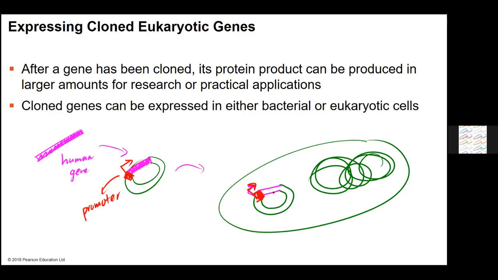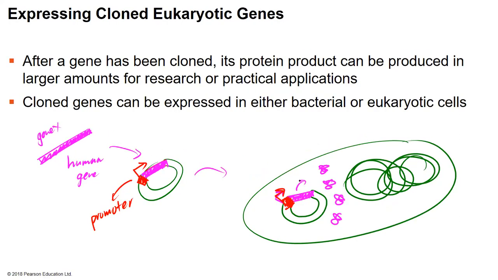Once the gene is inside a bacterial cell or a eukaryotic cell, it depends, and the gene is expressed, we have proteins. Let's say this is gene X, and now we have protein X produced inside the cell.